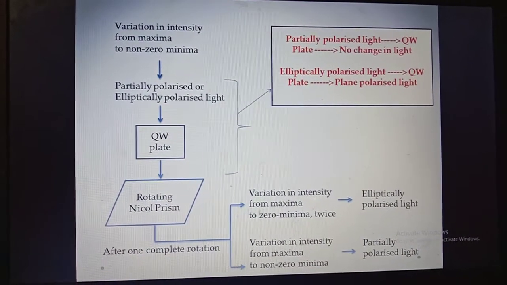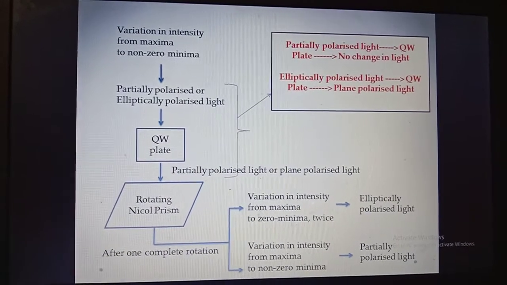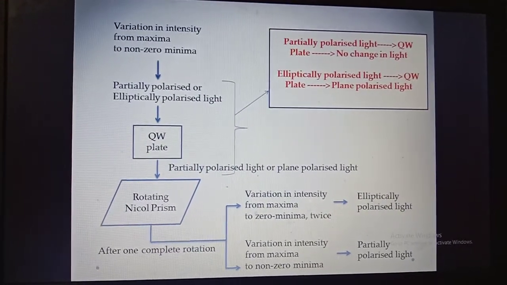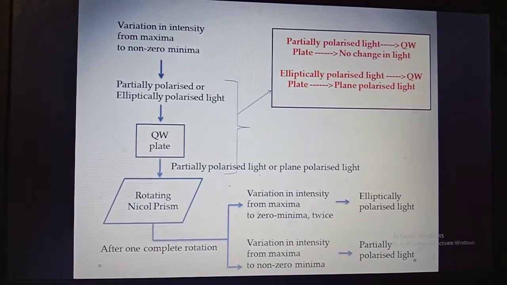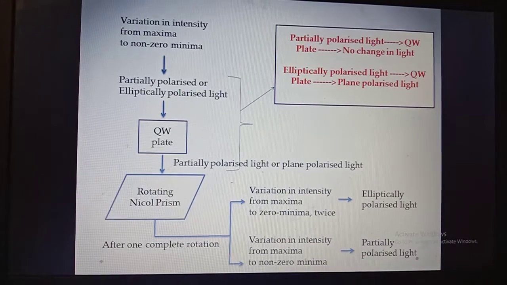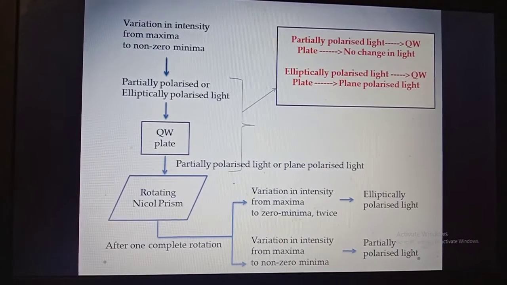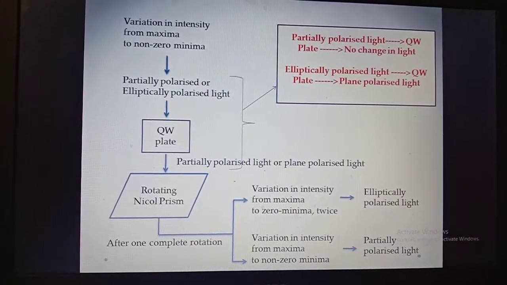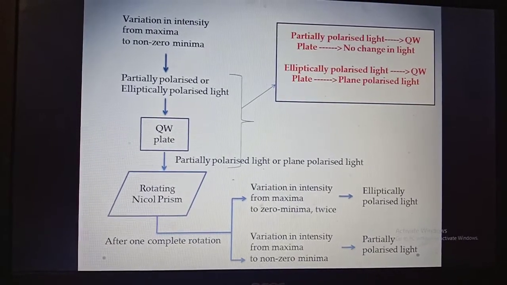So after emerging out of the quarter wave plate, partially polarized light is still partially polarized light, and elliptically polarized light is converted into plane polarized light. This emergent light is now incident on a rotating Nicol prism.